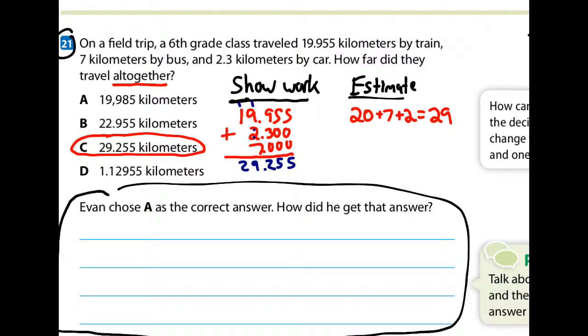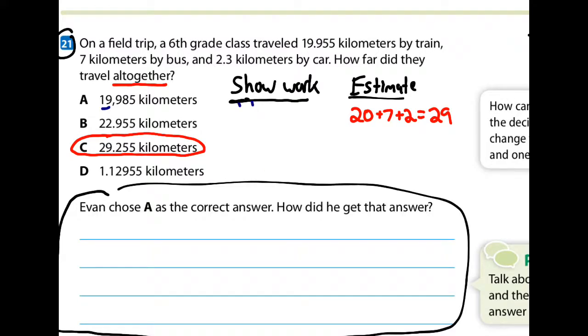Now, I have a hunch what Evan might have done, and this is because I've seen students do this. So you see how his answer is still 19,000. I'm guessing Evan didn't line up his decimals, so watch this here. This is my guess. Alright, I am guessing Evan added like this.